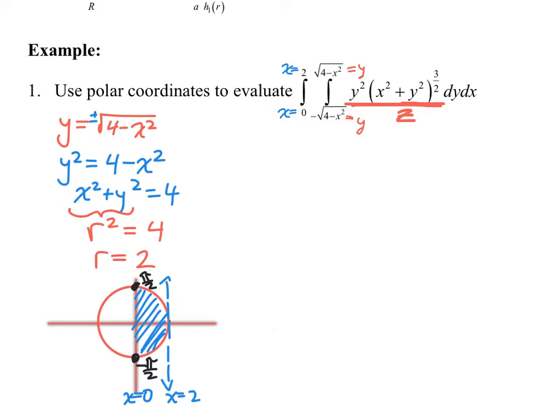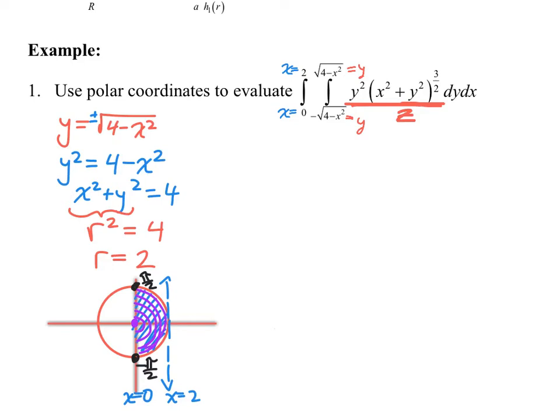We don't know if it's symmetrical. If it's not symmetrical, then I can't just say I'll take 0 to pi over 2, get that answer and double it. So we have to work with the entire base region, just in case, unless you happen to know something about the function itself. So I now know that my bounds for r are going to go from 0 to 2, because I would be starting here at the pole, and then working my way out in terms of r.